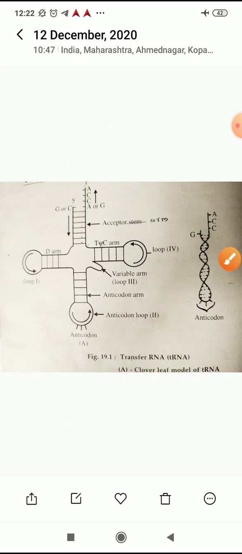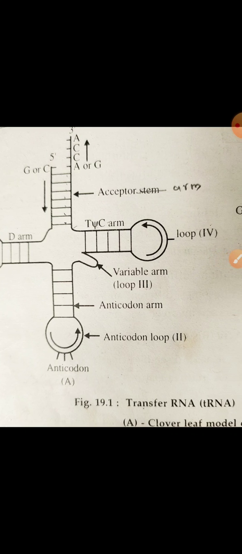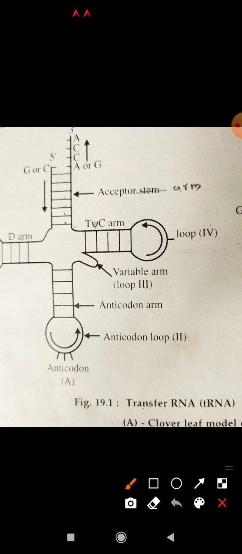So see here, this is the clover leaf model, and in this clover leaf model, the details we will see. Actually, see here 5 prime end, and at the 5 prime end there is a base, either cytosine or guanine. Then go towards this direction.